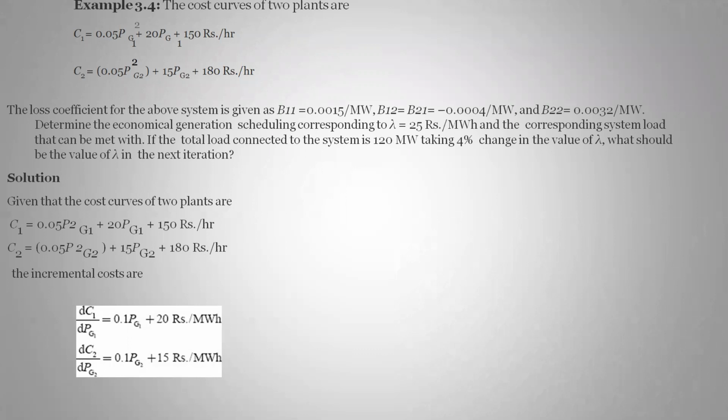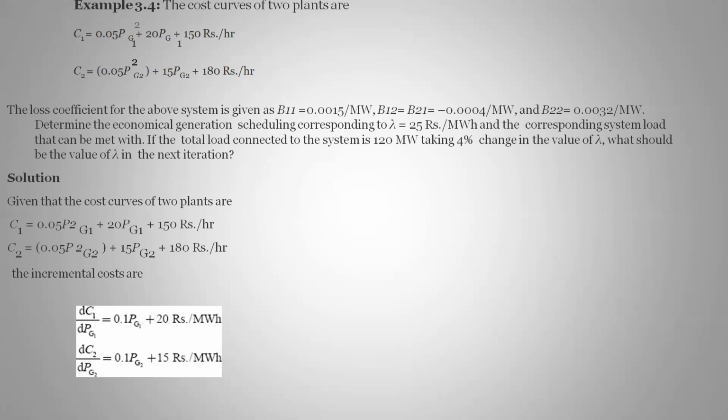First, the given two cost curves of the two plants: C1 is 0.05 Pg1 square plus 20 Pg1 plus 150 rupees per hour and C2 is 0.05 Pg2 square plus 15 Pg2 plus 180 rupees per hour. So the incremental cost, what is incremental cost? The incremental cost means the differentiation of C1 with respect to Pg1 and C2 with respect to Pg2.